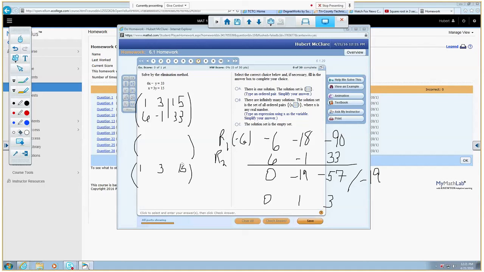And my new matrix, after 2 steps, is 0, 1, and 3. So you can put 19 and -57 in this matrix. Yeah, but it's divided by -19. Negative divided by negative.